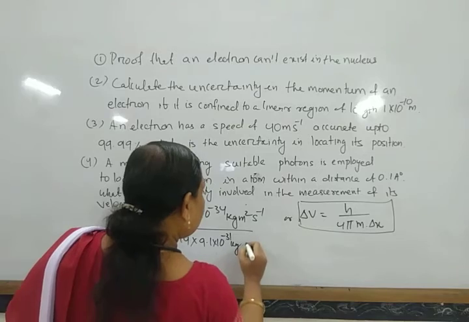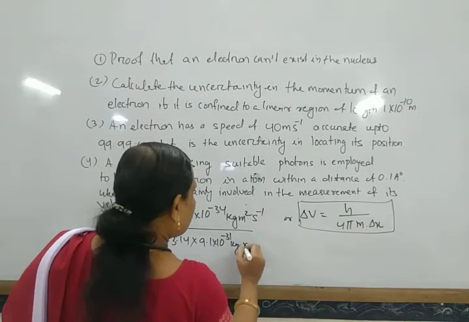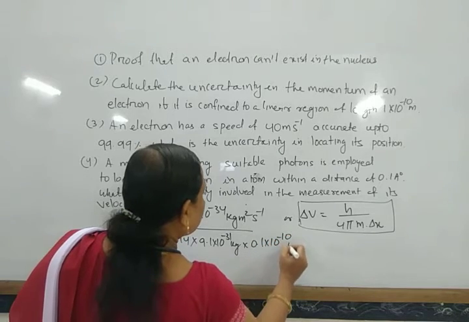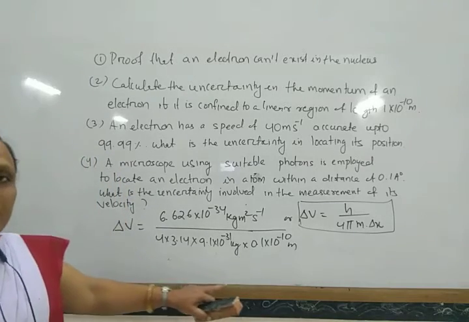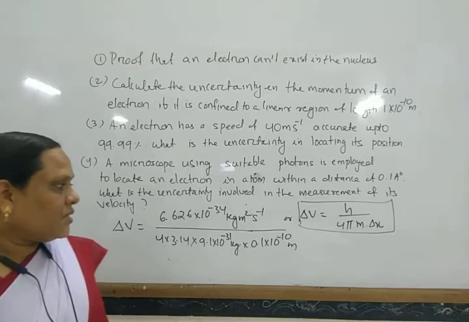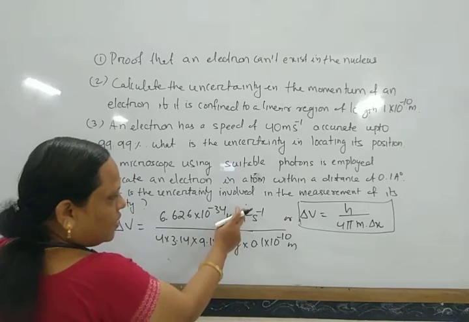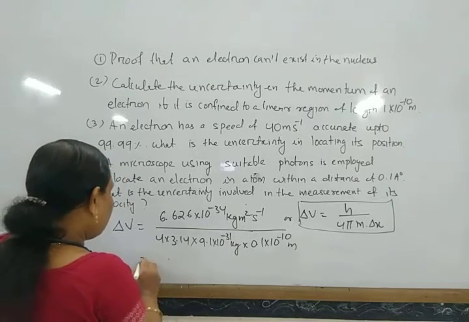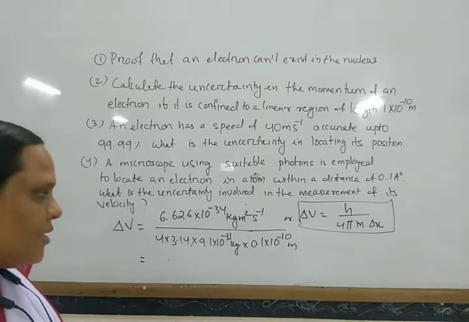So del x is position, that is given 0.1 angstrom. So 0.1 into 10 to the power minus 10 meter, since 1 angstrom equal to 10 to the power minus 10 meter. So meter square cancels, kg cancels. And in this way, calculate all these values with the help of calculator.